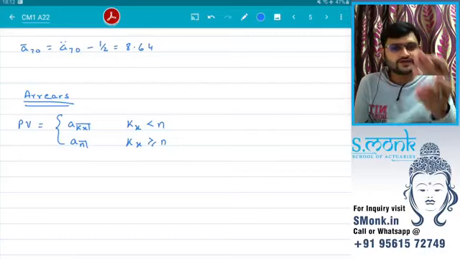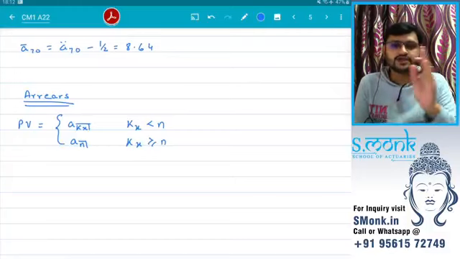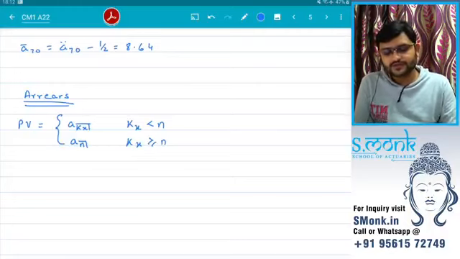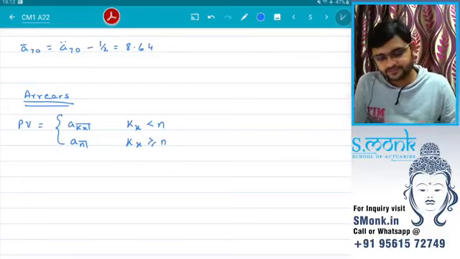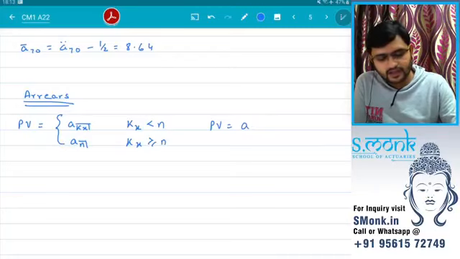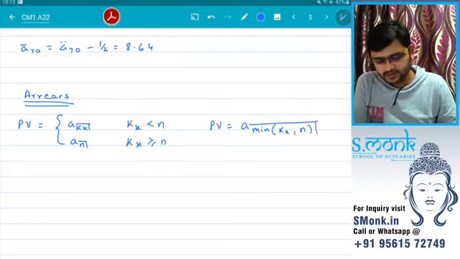If the person survives age 80, then all 20 payments have already been given. So the present value is the annuity for the minimum of K_x comma n.